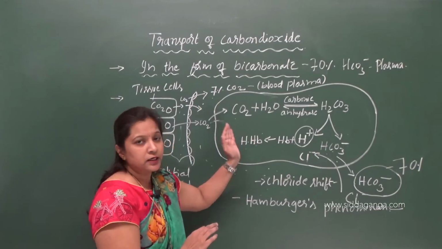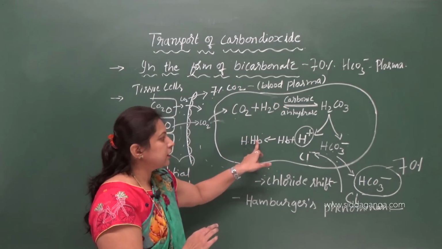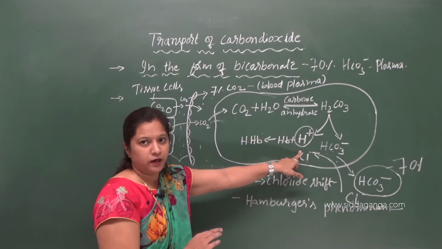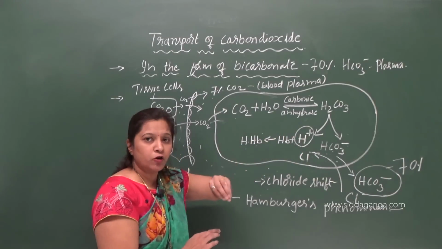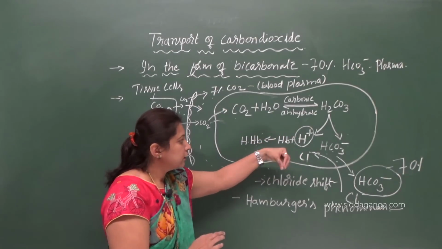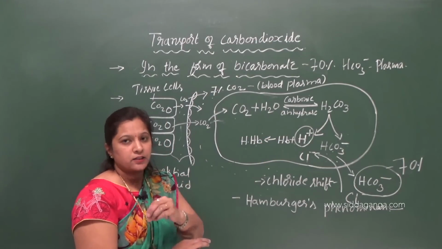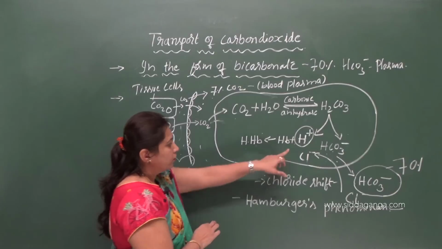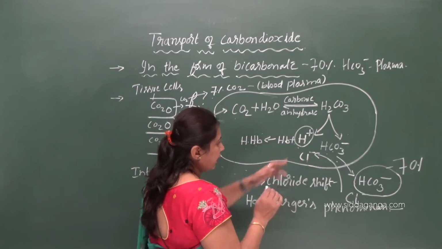So this reaction is reversed at the alveolar site. The hemoglobin releases the hydrogen ions by combining with the oxygen. Once the oxyhemoglobin is formed, it releases the excess of hydrogen ions because oxyhemoglobin acts as a strong acid. Now the hydrogen ions are there in the RBCs.